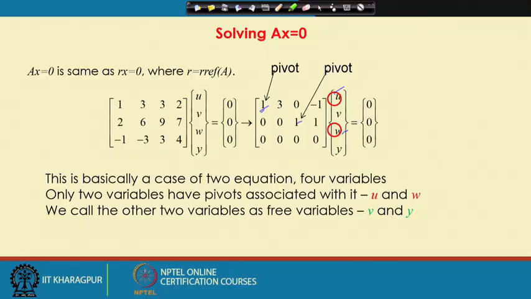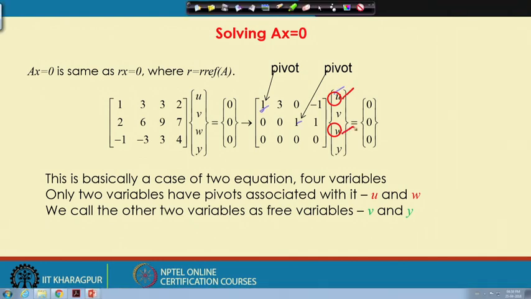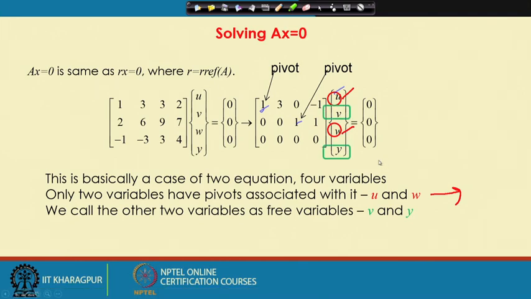So, you have to identify the pivots. The pivots are the first nonzero entries in any row of the reduced echelon form matrix, and the variables with which the pivots are multiplied we call the pivot variables, u and w. The terms in the solution vector which are not multiplied with any pivot, we call free variables.